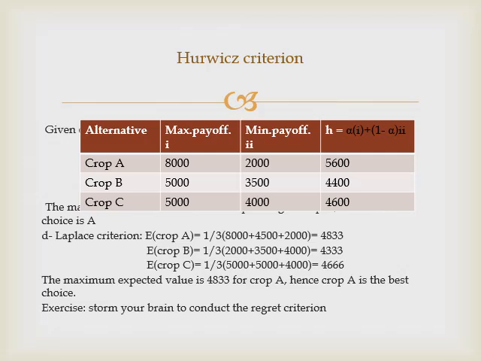The maximum value of H is 5,600, corresponding to group A. Hence, the best choice is A. Okay, that's good. This is according to what? Hurwicz criterion.